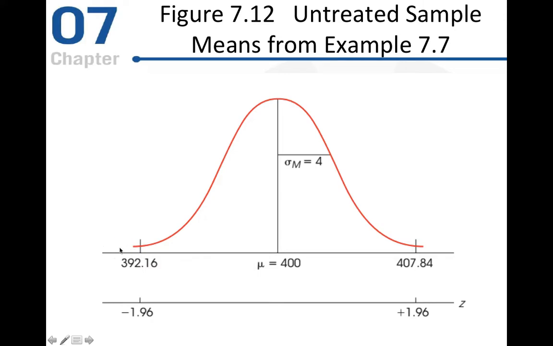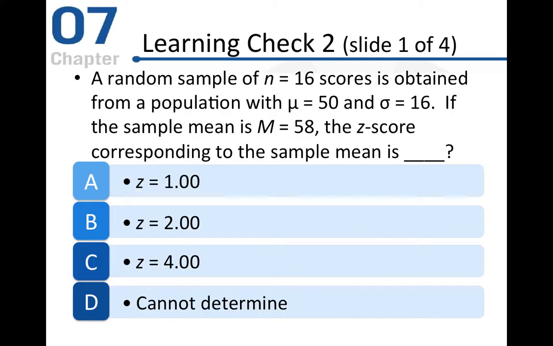And so essentially, if we were to obtain a mean over here or over here, the probability of obtaining that mean given our population's mean and the standard error, the likelihood would be less than 5%. And so oftentimes that's what we're interested in whenever we are comparing treated samples to non-treated samples or to populations.